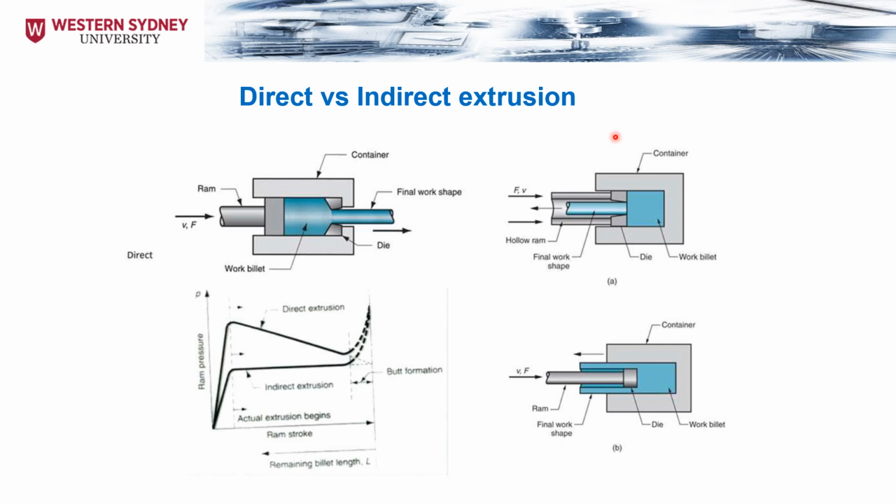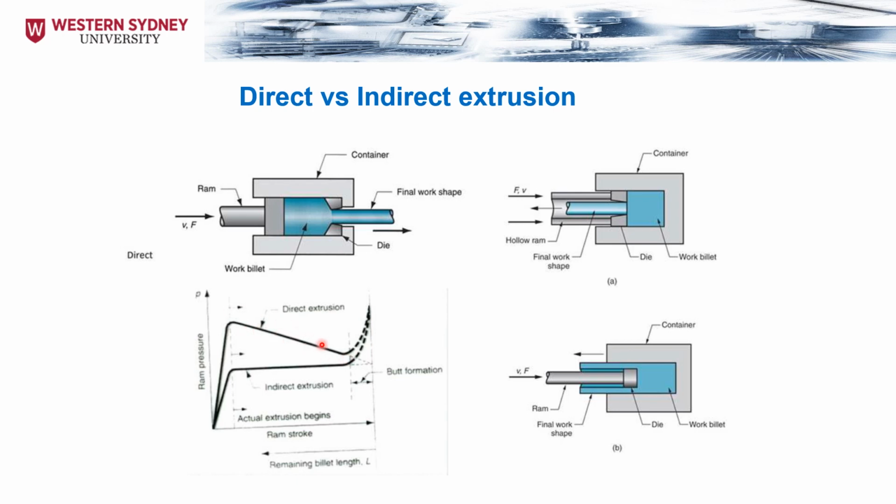So the direct and the indirect extrusion process, as you can see here, once again, these are the two indirect extrusions. In the direct extrusion, we're going to have a higher value for the force, while in the case of the indirect, we're going to reduce its value. The force required, or the ram pressure requirement, for the direct extrusion is always going to be higher.